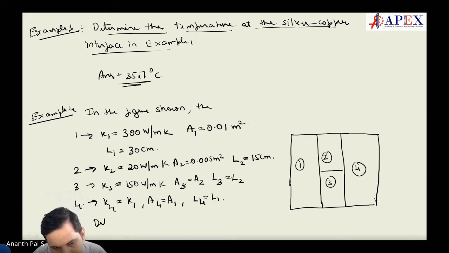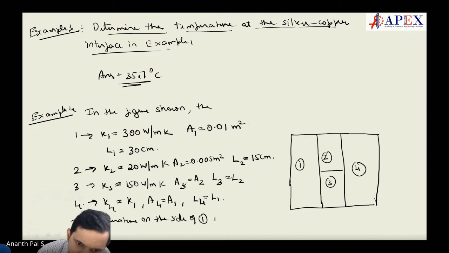Determine, if the temperature on the side of 1 is 200 degrees centigrade, and on the other side it is 20 degrees centigrade.